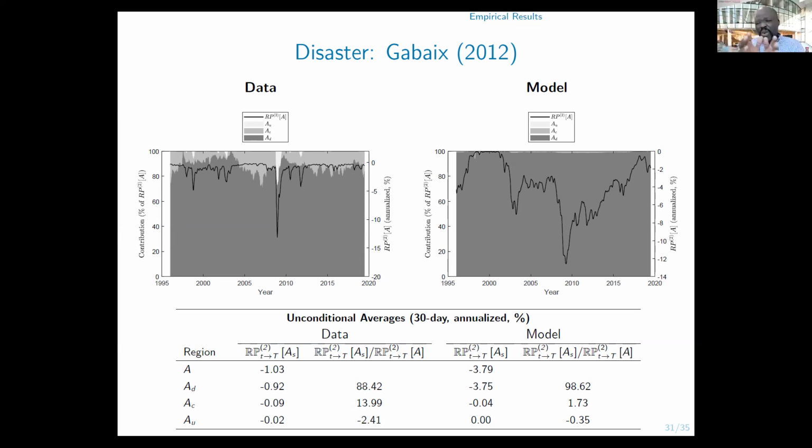You can see that the darkest shaded area is all over the right-hand side, which means that in the disaster model of GABEX, the downside is a major contribution of the variance risk premium. You can see this on average is almost 98%.